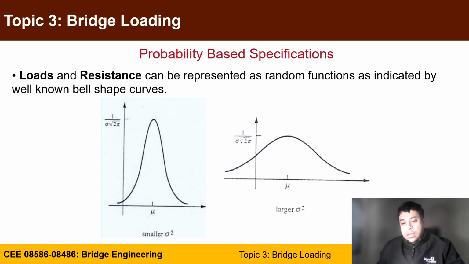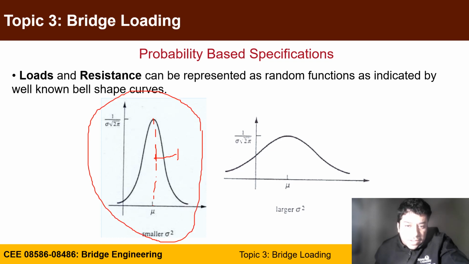Let's say this one, you have a distribution function where you have your mean value and a small standard deviation, because this can represent resistance very well, since we have better control on cross section and the material, but we don't have better control in loading.